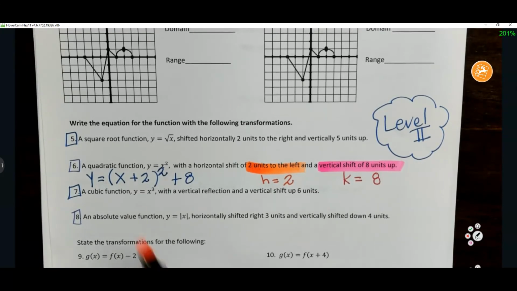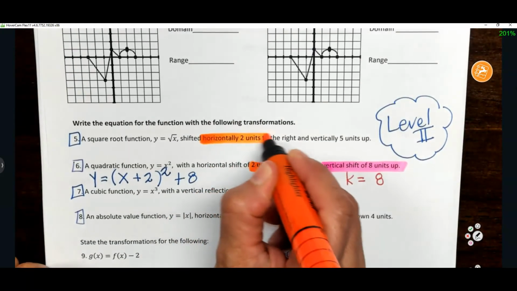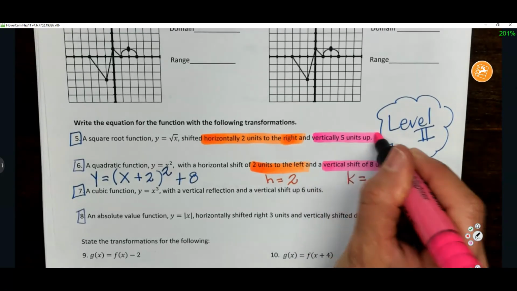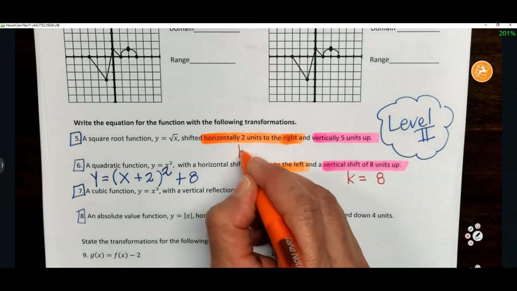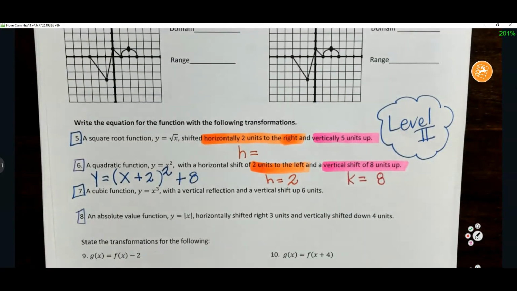All right, so number 5 says horizontally 2 units to the right and vertically 5 units up. So if it went 2 places to the right, what's the h value? Opposite. Negative, opposite.